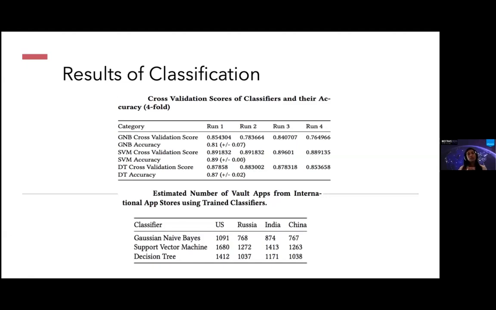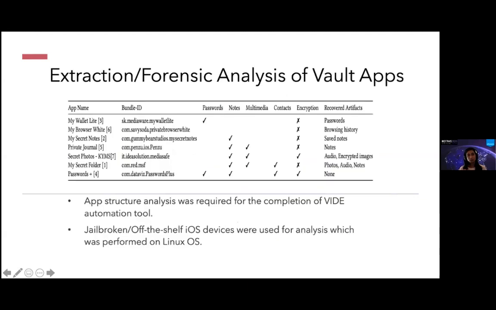So we have Gaussian naive Bayes, which yielded 1,091 applications from the US App Store, but 1,680 such applications were found in the US App Store using the SVM, and then the decision tree classifier was able to identify about 1,412 true vault applications. So this is after we trained, we basically tried to use these trained models to further classify these applications into true vaults and true non-vaults. Overall, we were very happy about the SVM.